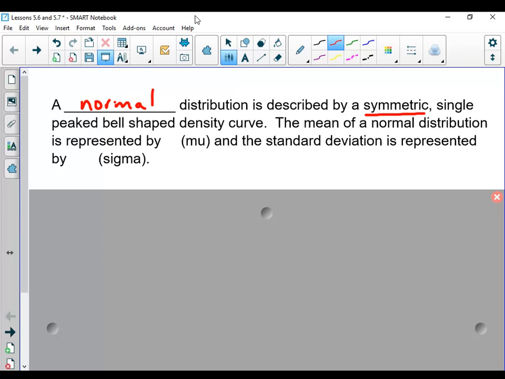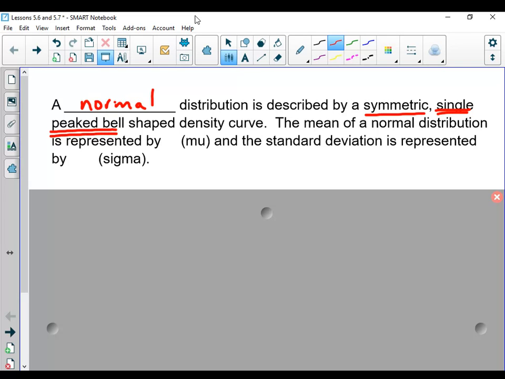Single peaked, which means it only has one highest value. And since it's symmetric, that highest value is really going to be in the middle of our curve. Bell-shaped density curve. And you'll see when you look at the shape of the curve, it kind of looks like a bell. So a normal distribution is going to have a bell-shaped curve, but it's going to have a single peak, and it's going to be symmetric.